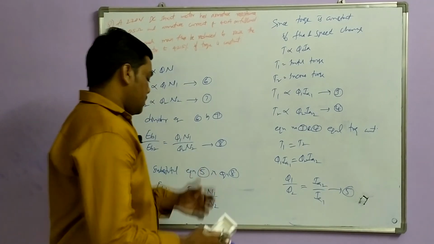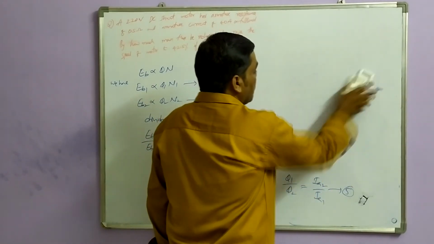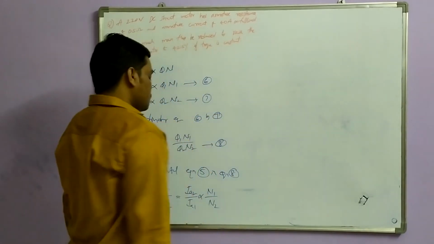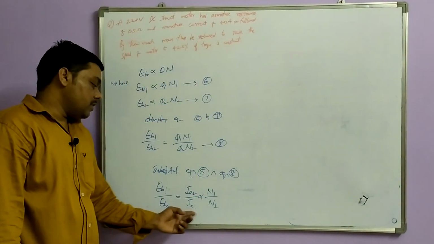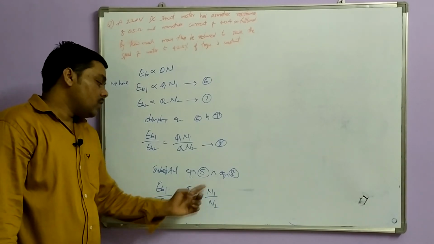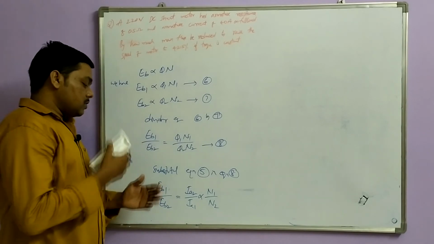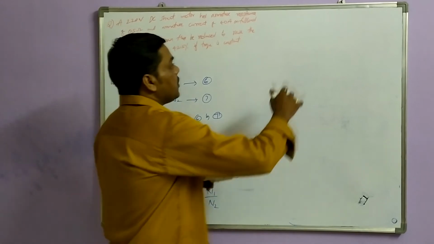Now you see this equation, we have calculated the back EMFs. One back EMF is in terms of armature currents, and we know Ia1 and we know the N1 by N2 relation. I am going to write it in terms of EB2, so that the EB2 term will be the numerator.